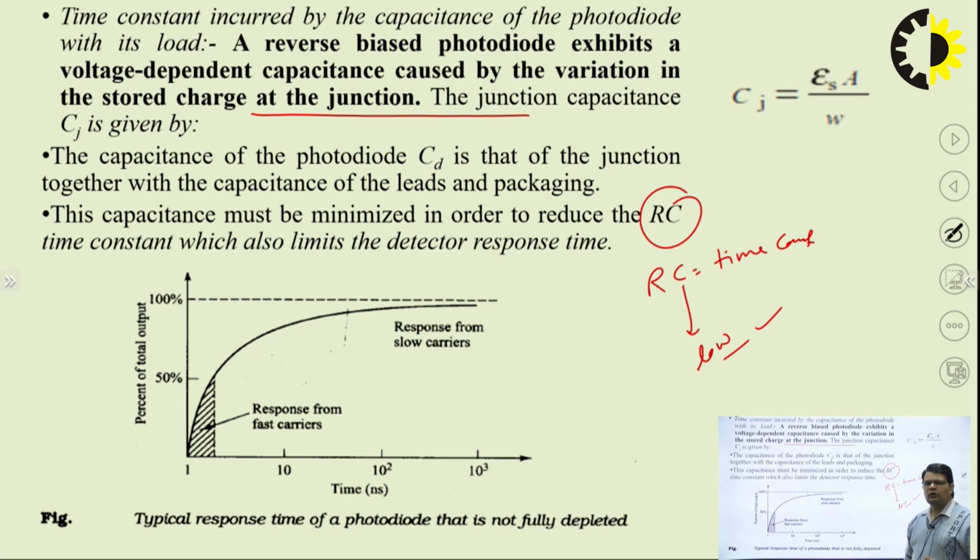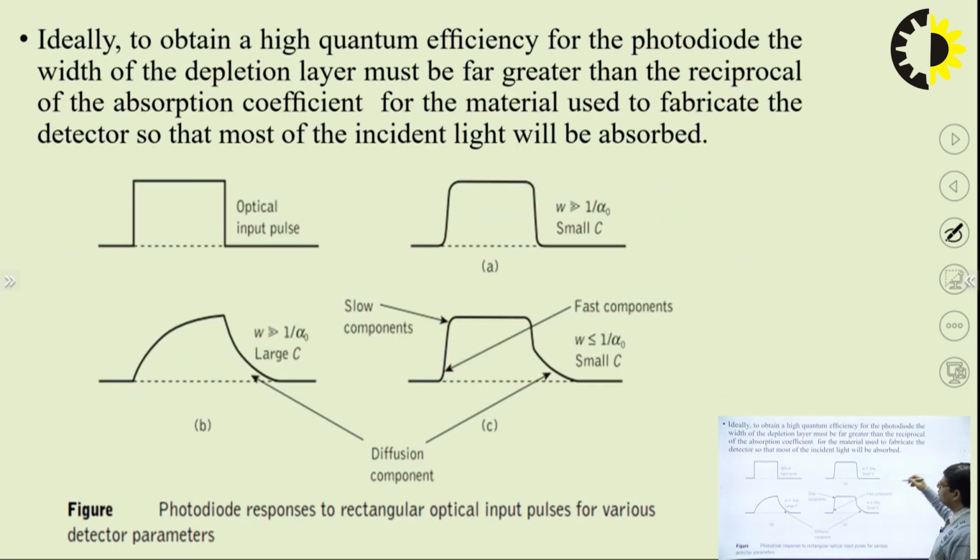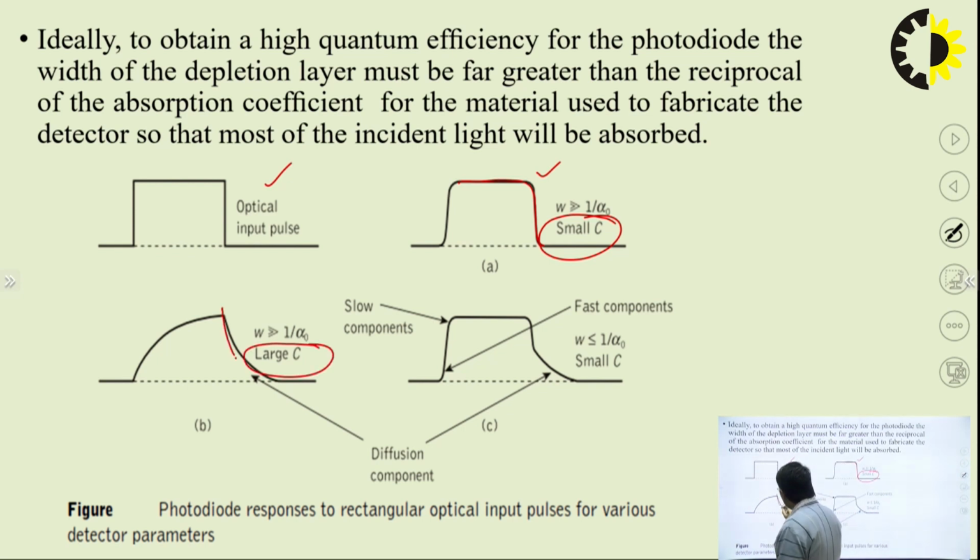So to make the overall response fast, we need to reduce the value of C as low as possible. Here we can see the detector response time: this is the optical input pulse, and this is the corresponding output pulse. When the value of C is small, the response time is fast. When the capacitance C is large, the response time is comparatively slow.